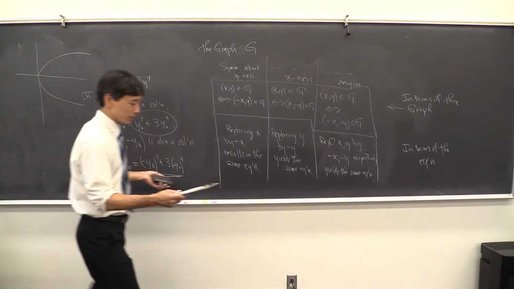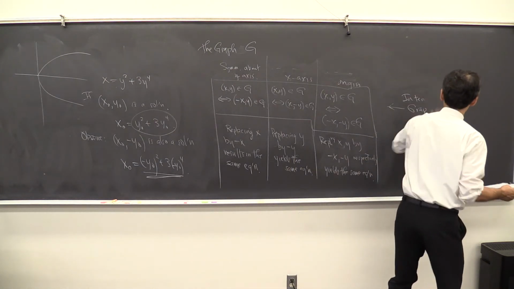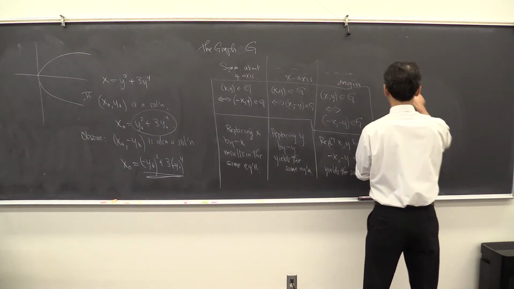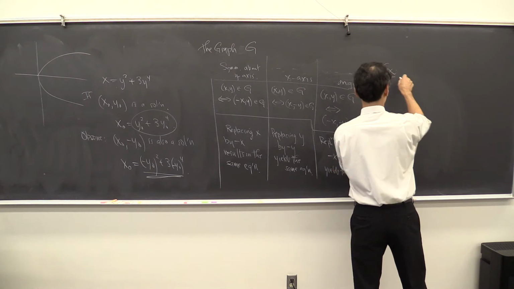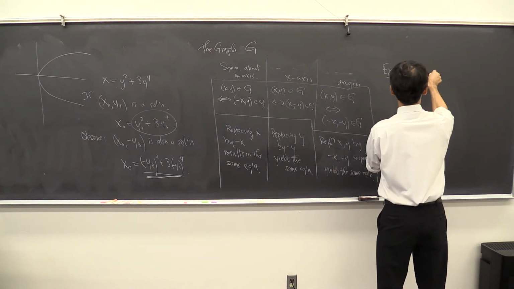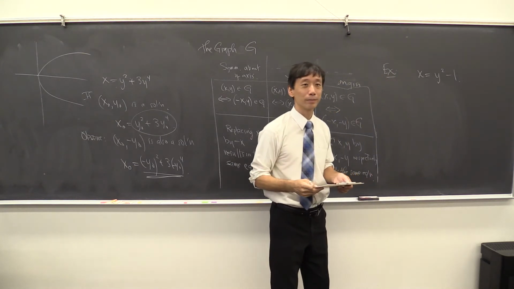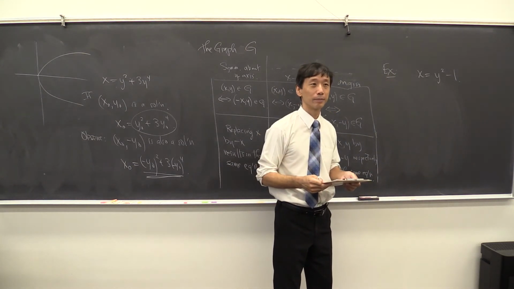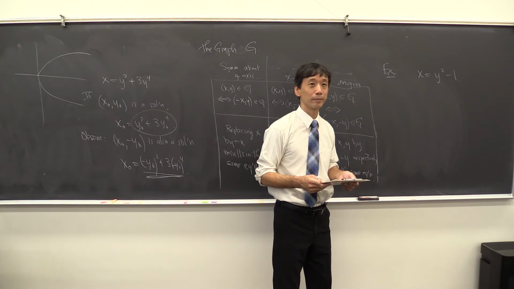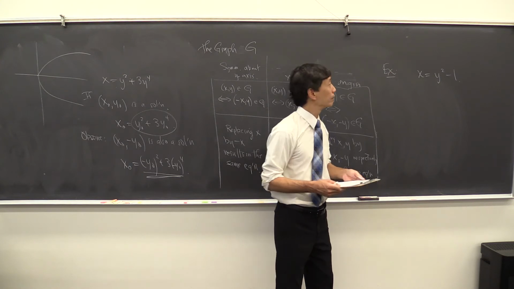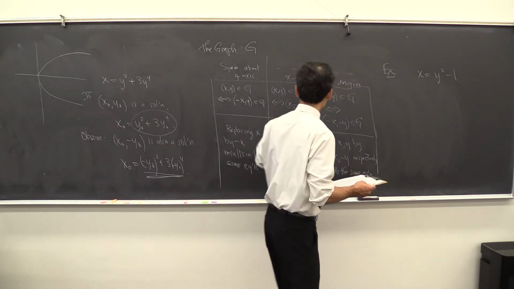Okay. Let me just put up some examples. So, for example, if I have something like x equals y squared minus 1, what kind of symmetry does it have? X-axis symmetry, right?